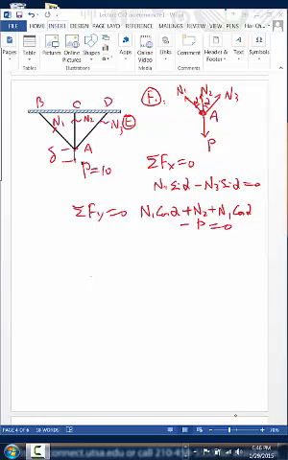Okay, now we continue to solve this problem. As we just said, from this equation, let's call this one equation 1.